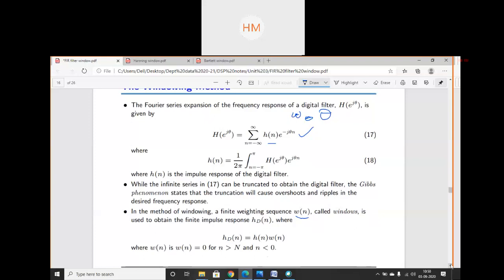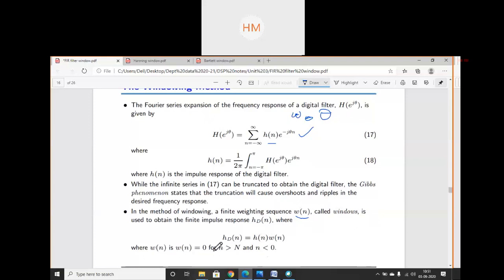So now what we are doing, we are multiplying a window with the original sequence, which can be infinite, and then we are getting a new truncated series by applying the window technique, and then I will design my digital FIR filter. So now a new coefficient will be added, HD of n, which is the multiplication of the impulse response of the digital filter into the window W of n.